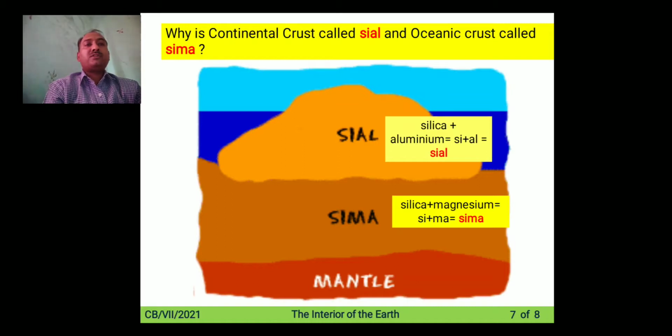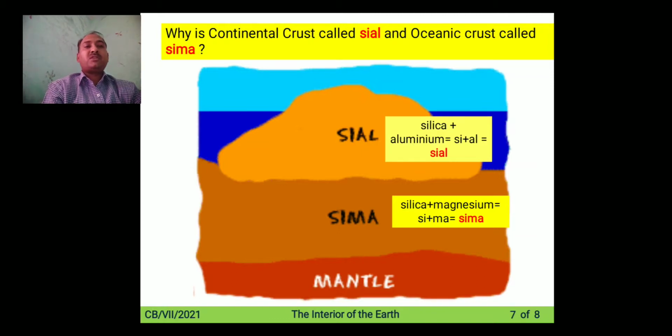Why is continental crust called Sial and oceanic crust called Sima? In continental crust there are two important elements, aluminum and silica.